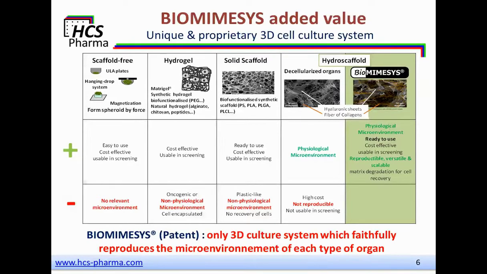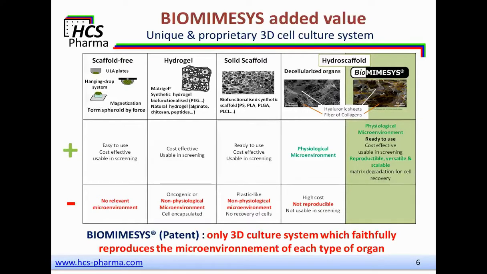The third class is the hydroscaffold model, and for us, hydroscaffolds are 3D systems combining hydrogel and solid scaffold behaviors, and we consider decellularized organs or tissues as hydroscaffolds. This system presents a real physiologic microenvironment, but their high cost, their poor reproducibility, and the difficulty of their use in screening and imaging systems are the main limitations.